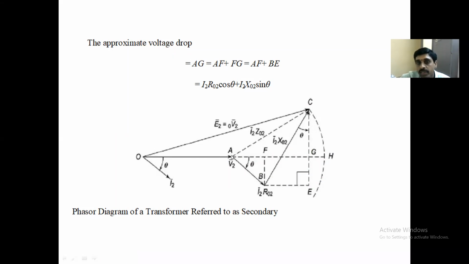Therefore, V2 plus I2 R02 cos phi 2 plus I2 X02 sin phi 2 is nothing but the voltage drop. And V2 naught minus E2 is equal to this part. So this is the way you can write the voltage regulation for a lagging power factor load.